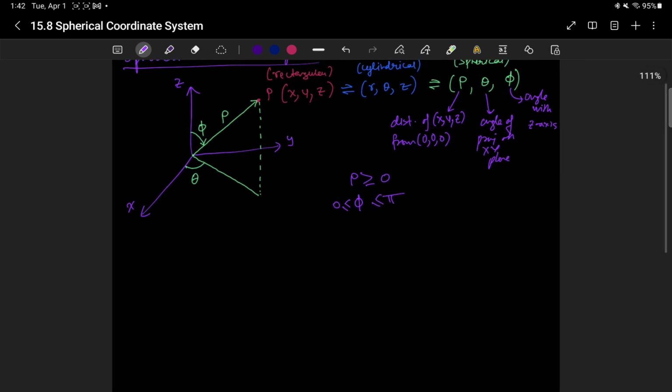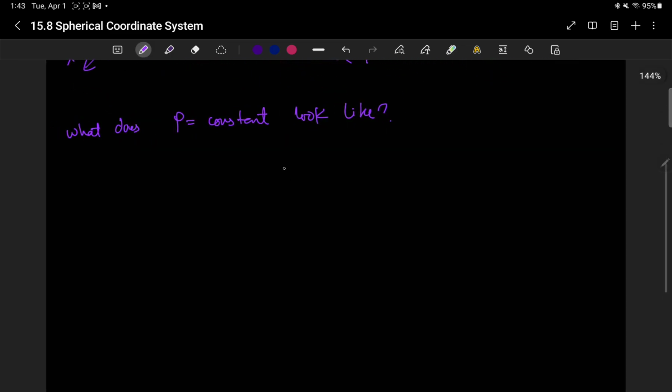Okay, so to understand or to see where the sphere comes from, let's look at what this rho equals constant looks like. So rho is constant, which means I'm looking at a set of points which are at a fixed distance from the origin, right?